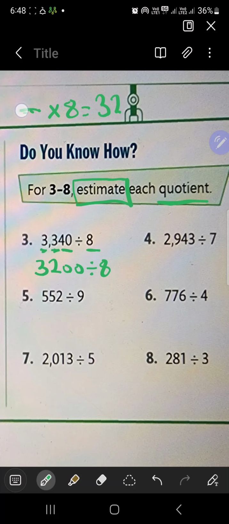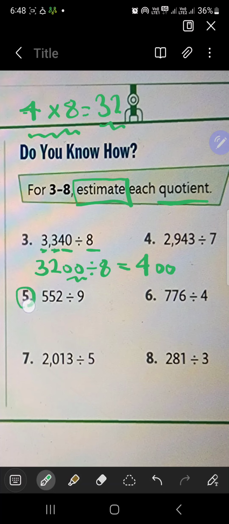So the number is 4. So the result of that equals 4, because 4 times 8 equals 32. And we also have two zeros, so we put the two zeros, and it becomes 400. Okay?